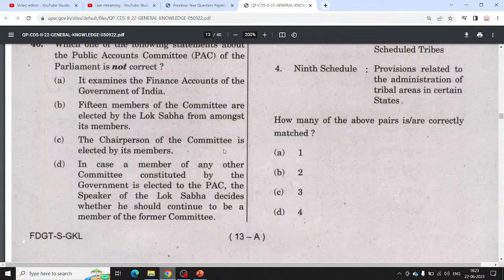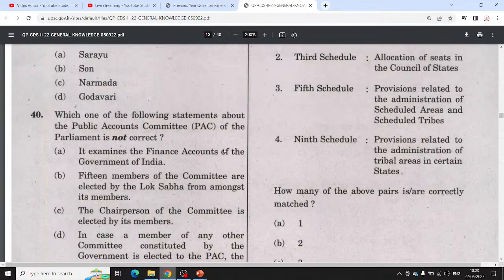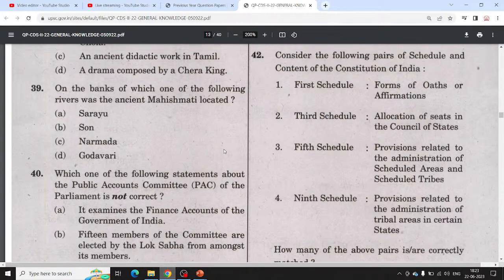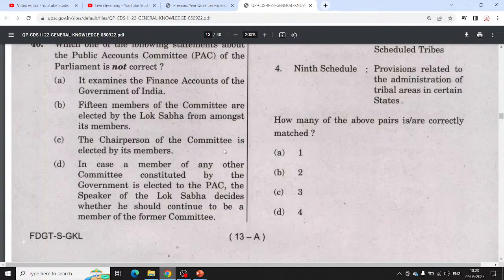What is the answer? Now what happens in the exam? I'll tell you your mindset. All the students attending this question will put a cross mark here, cross mark here, cross mark here. This is correct. What will they do on 3? Tick. The answer is correct. Their mind has correctly got the answer. And now the options are 1, 2, 3, 4.